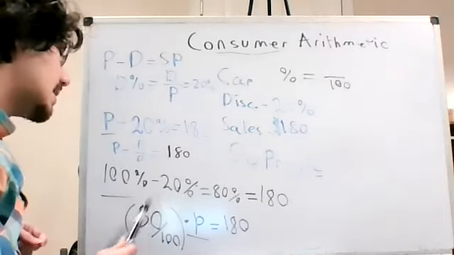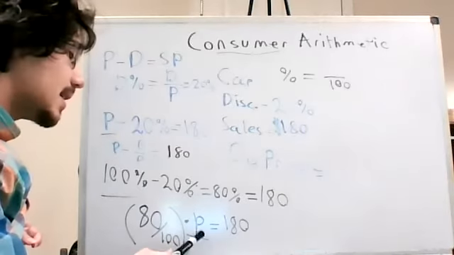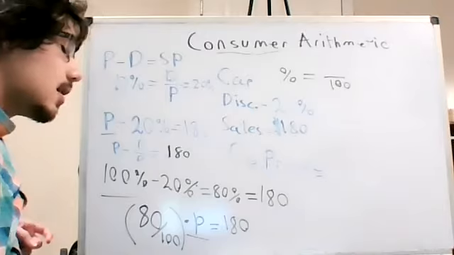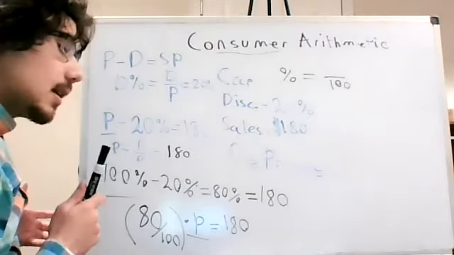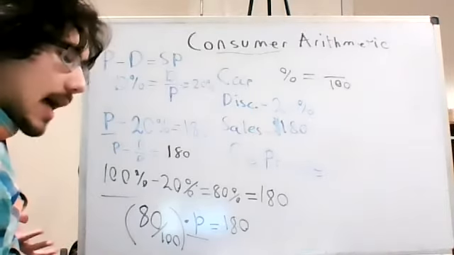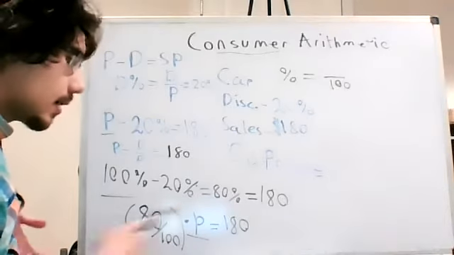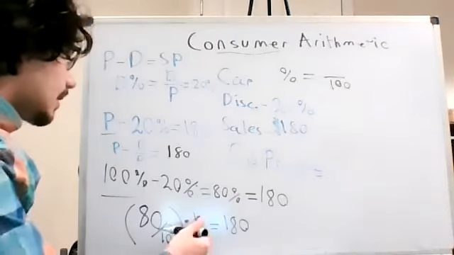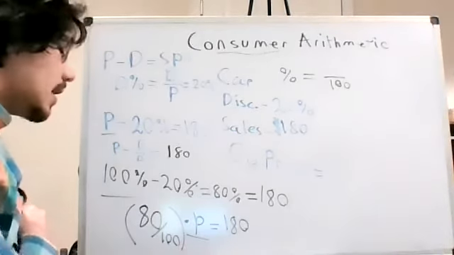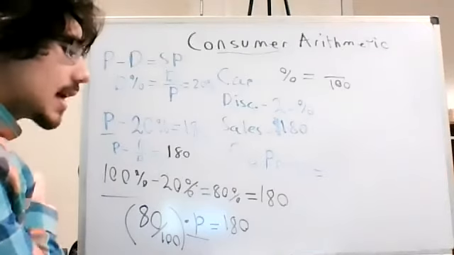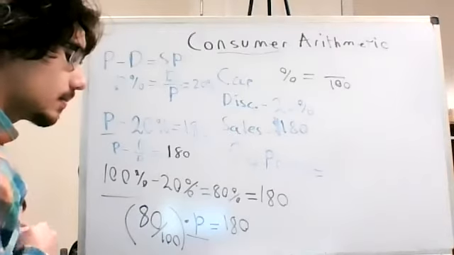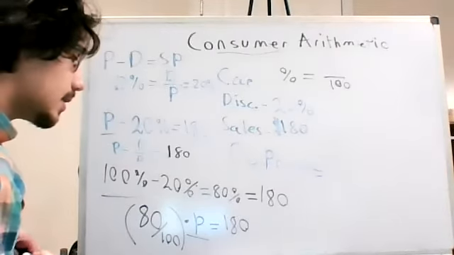Our equation is 80 over 100 times P equals 180. So does the P have something multiplied on, added on to, divided? Multiplied on. Very good. So since it has something multiplied to it, we have to do the opposite to it. What is the opposite of multiplication? Which is division. Very good.